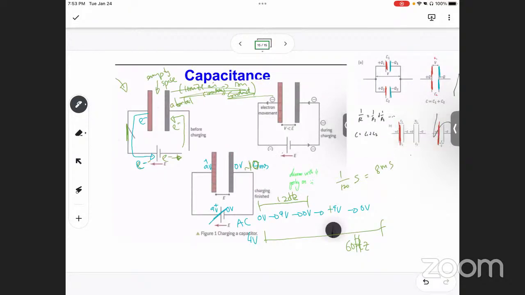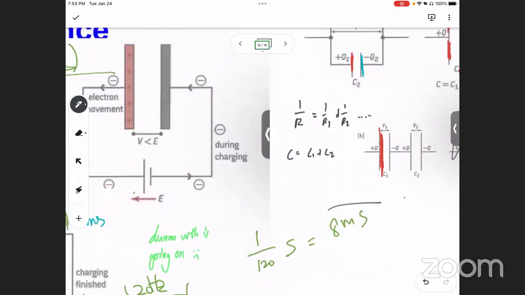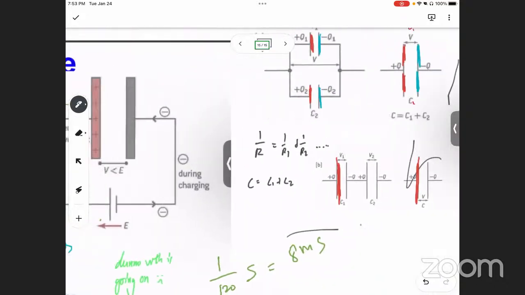So very broadly speaking, the left plate is the left plate, red, right? And then the right plate here will be the right plate. Very broadly speaking, the middle plate doesn't exist. Therefore, the distance increases.